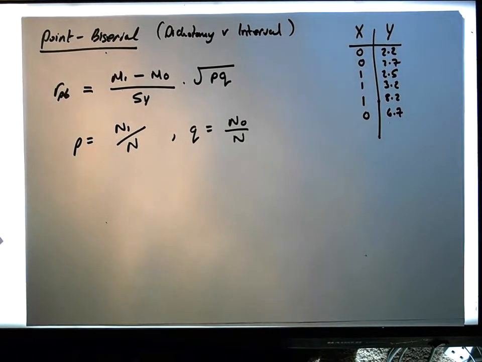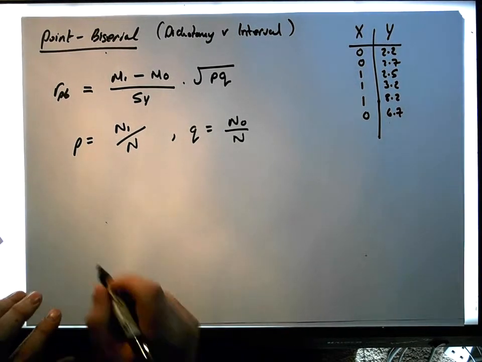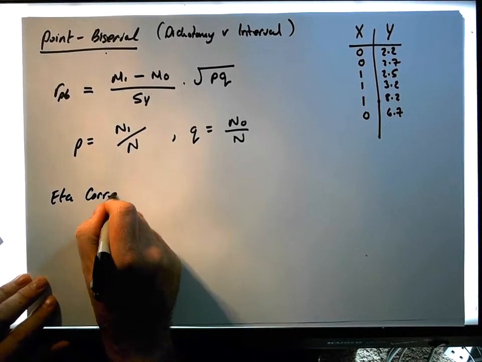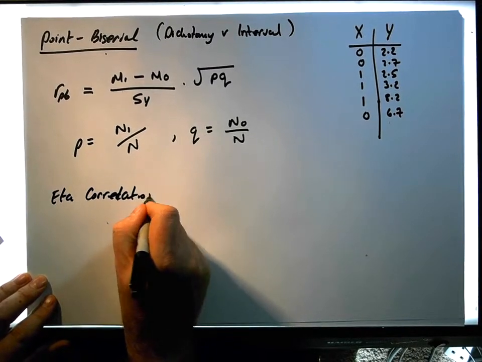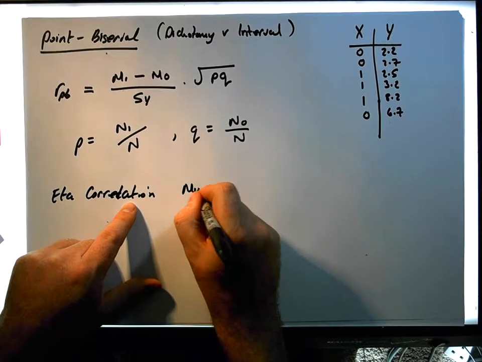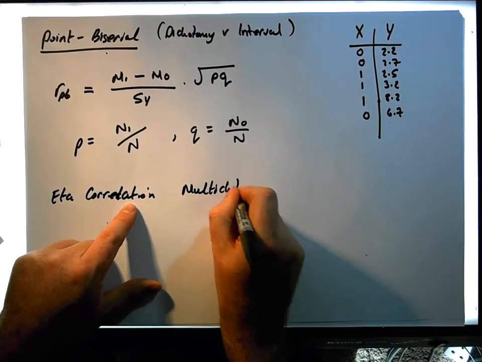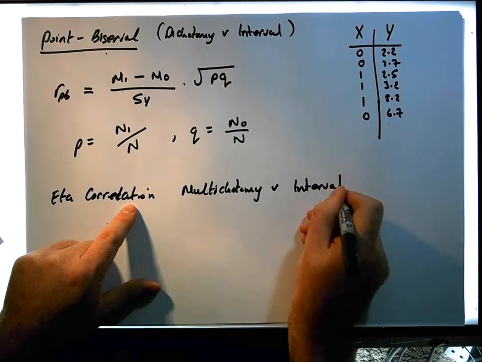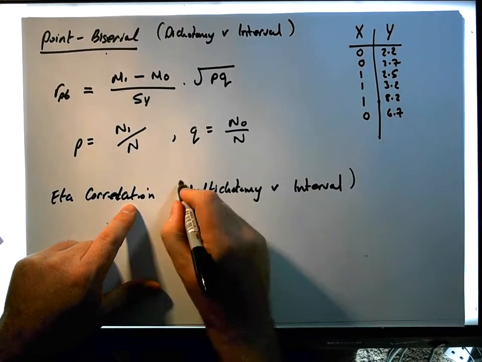The next one is eta. So we have the eta correlation coefficient, and we use eta when we're dealing with a multichotomy versus an interval scaled variable.